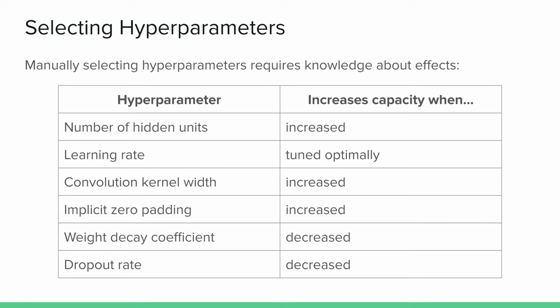The convolutional kernel, if you use convolutional neural networks, also affects our capacity, and if we have a larger kernel, we increase the capacity. Why? Because the network is able to see more of the input. But it has a caveat, because if you have a bigger kernel, like 5 by 5 or 7 by 7, you actually hurt performance, because it's much more computationally demanding to have these large filters.